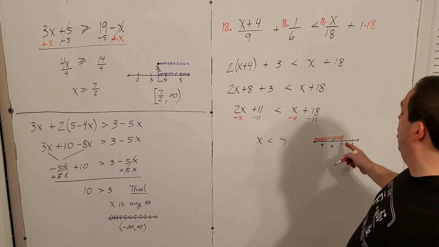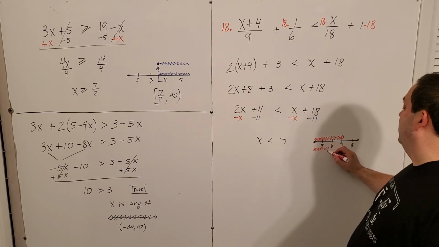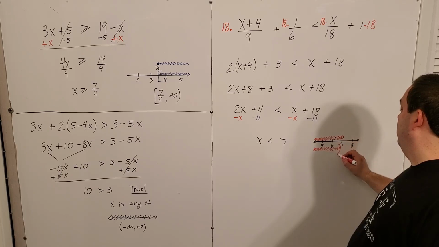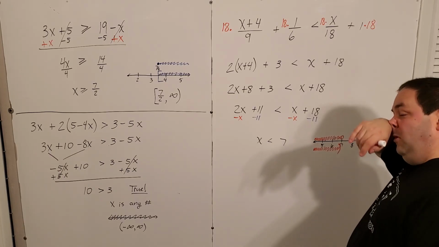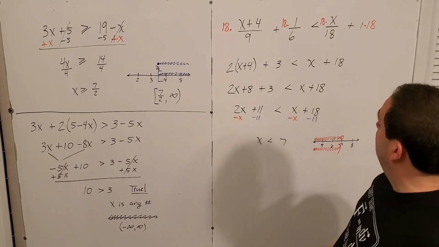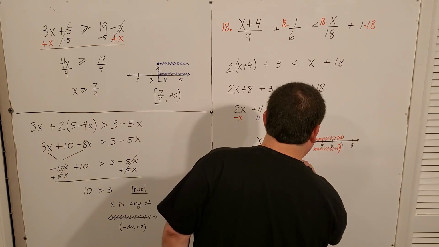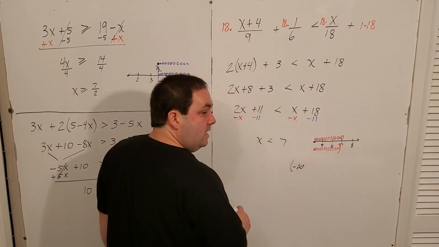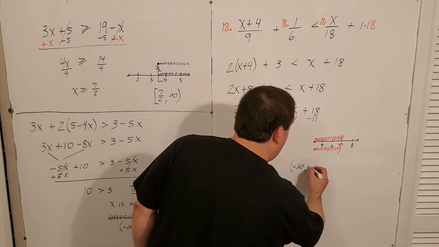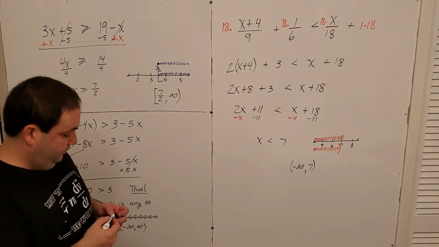So I would actually leave it open. Or don't forget, the other way to do that would be to shade everything to the left and put a parenthesis on the 7. And then the interval notation, starting on the left-hand side, would be negative infinity. And then it would stop on 7, and 7 is not included, so it would be fully open.